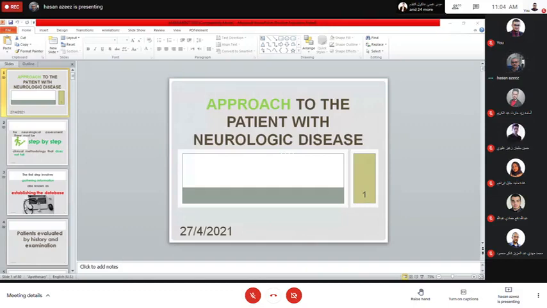In general, our aim in approaching a patient with a neurological disease should not be content with making the diagnosis.